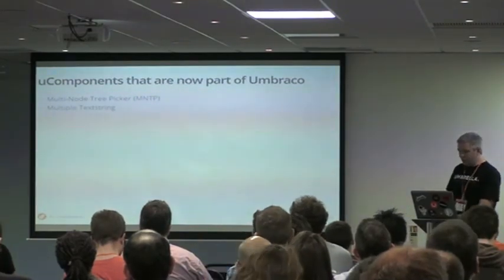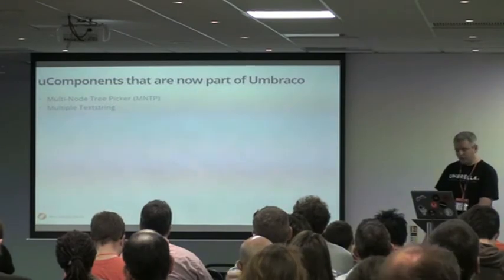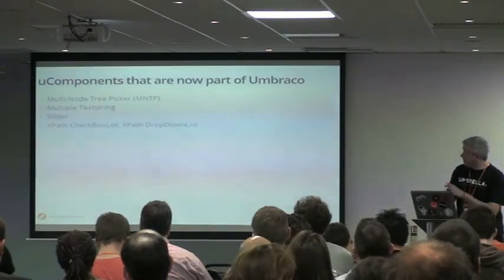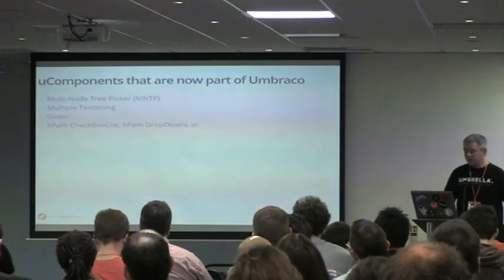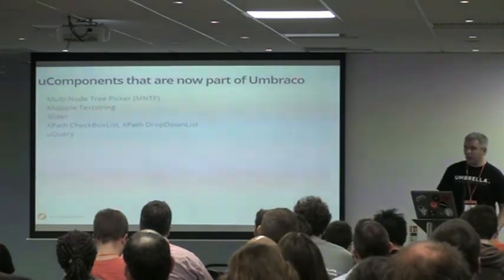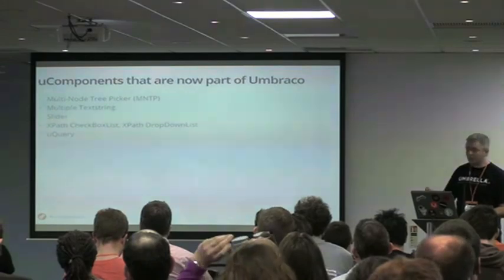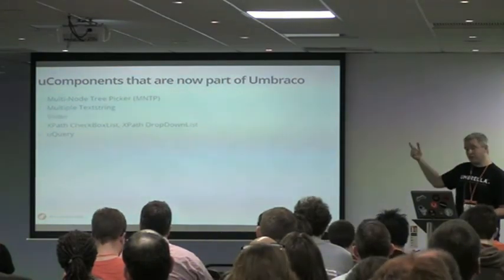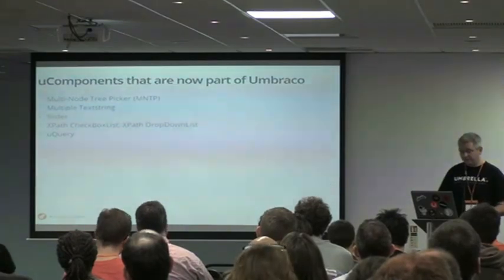We also did one for the multiple text string, which I'll show a demo of shortly. A slider. Then we had some XPath checkbox list and drop-down list. And we also brought in uQuery, which is an underlying engine or full of helper methods, which kind of powers a lot of these other components.